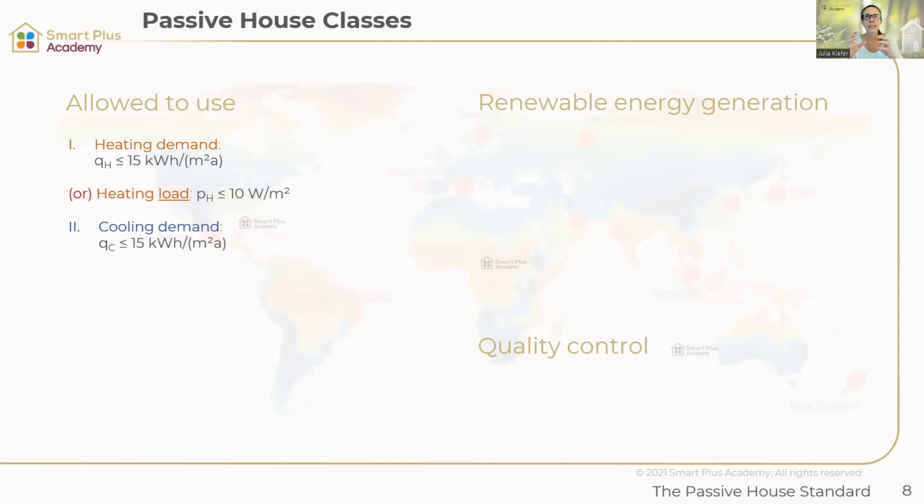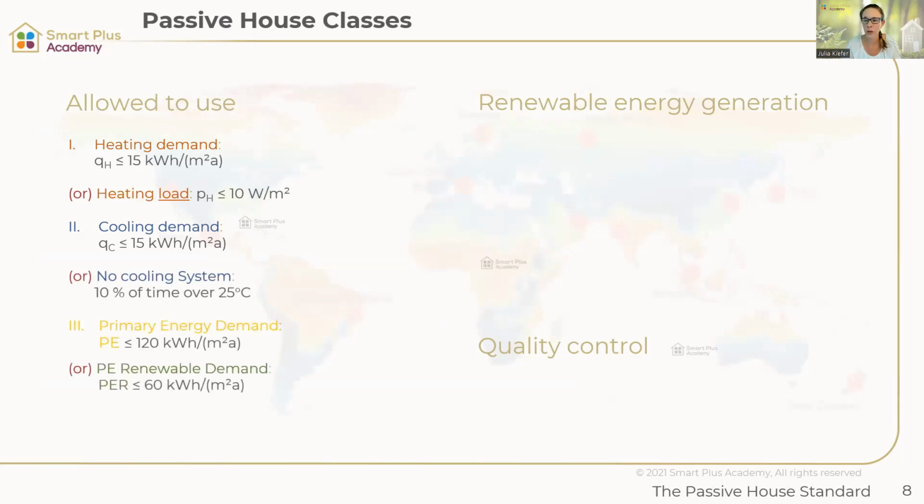Because if we said we don't want to use any energy to condition our buildings, then our building envelope would have to be so much better and become so much more expensive and so much thicker, with so many more materials to use, that Passive House has decided this level of 15 kilowatt hours per square meter a year is a good level to maintain good energy efficiency, but also to be affordable. Good. So we're allowed to use this amount of energy.